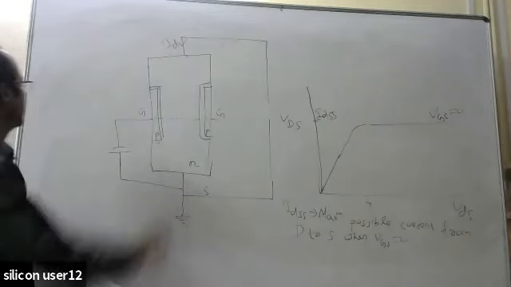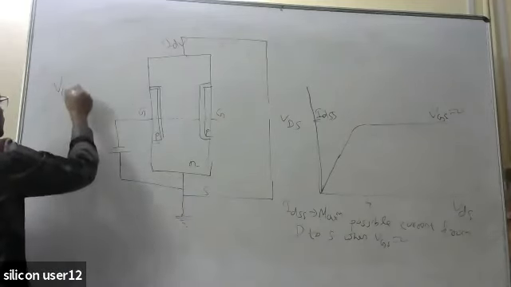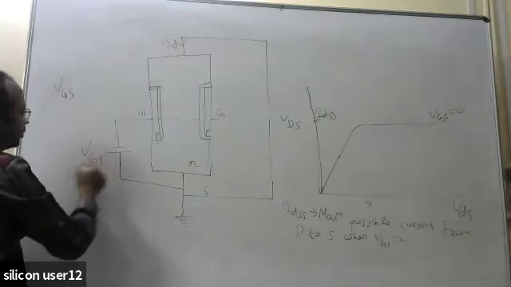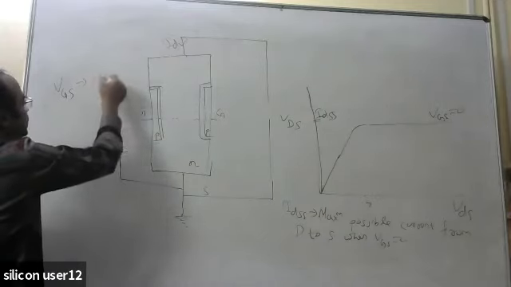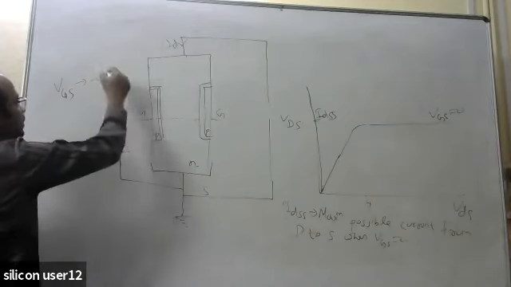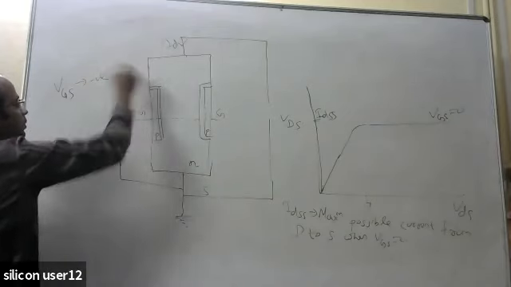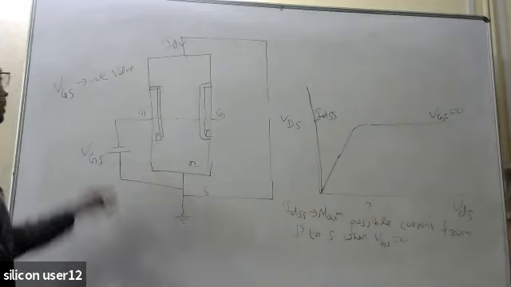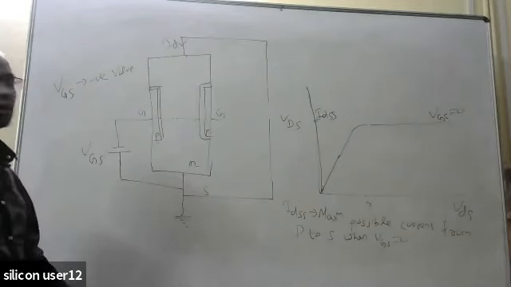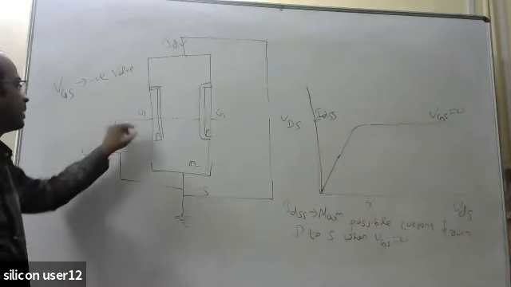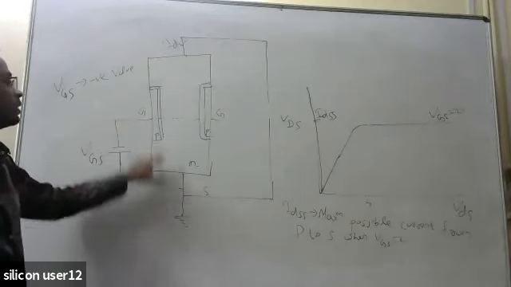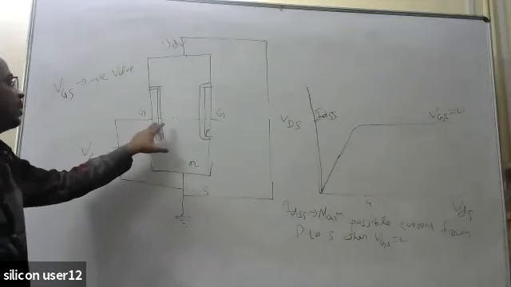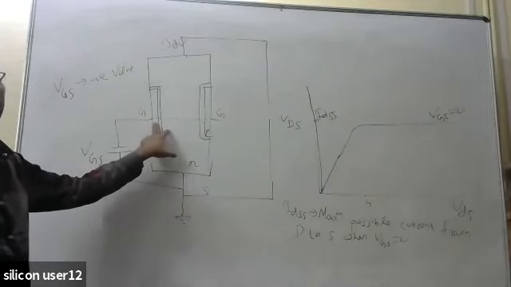Increase, sir. Yes. Now this is my VGS, the voltage between gate and source. It is some negative value. Suppose I have given -1 volt. That means the gate is at -1 volt with respect to source. So what am I doing basically? Am I reverse biasing the PN junction or forward biasing?